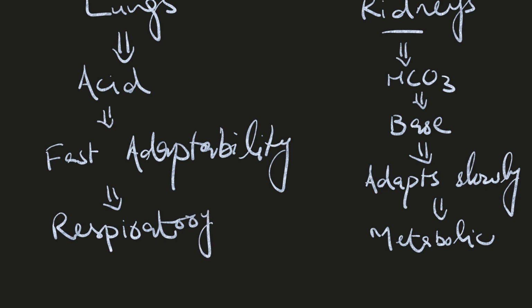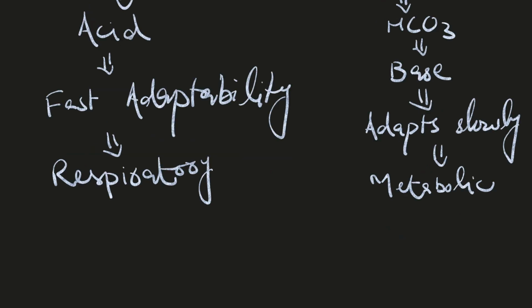By that I mean any change in CO2 is primarily done by the lungs and it will have a profound effect on respiratory acidosis and respiratory alkalosis, while the bicarbonate, which is basic in nature, will be controlled primarily by the kidneys and will have a profound effect on metabolic acidosis and metabolic alkalosis.